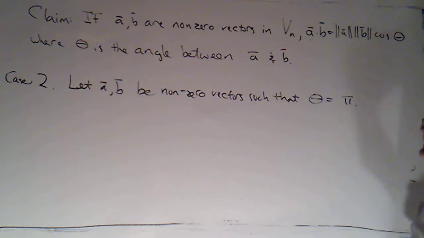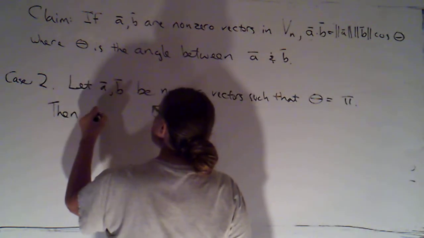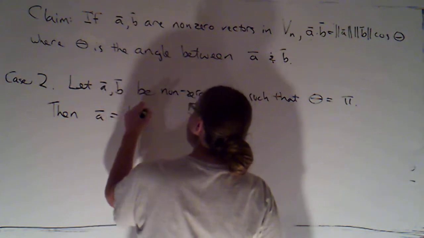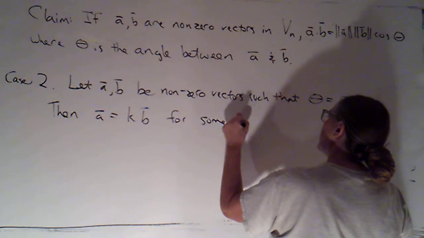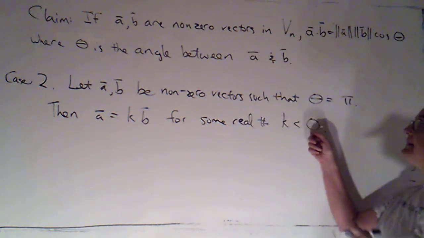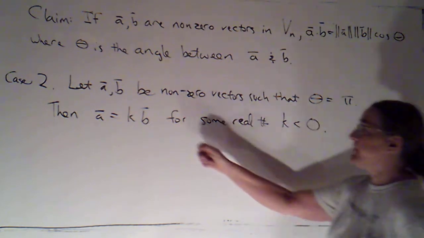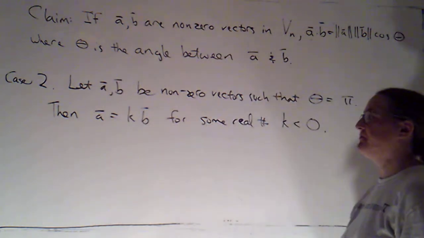So they're pointing in the opposite directions. And I can say, well, then what that means is that A is equal to K times B for some real number K, but this time K will be less than 0. Because if I multiply B by a negative scalar, I'm going to reverse the direction.